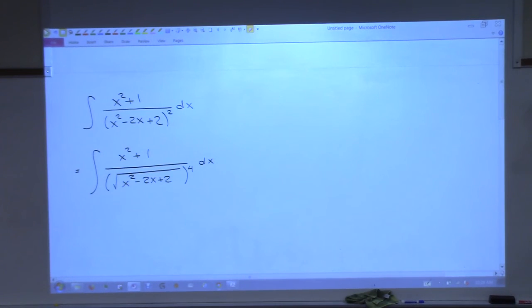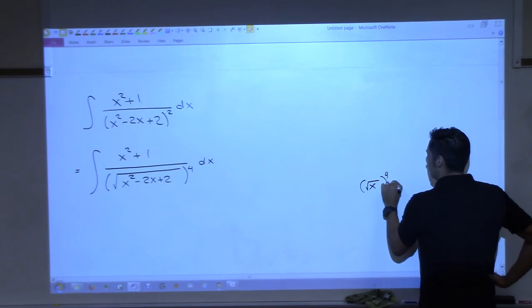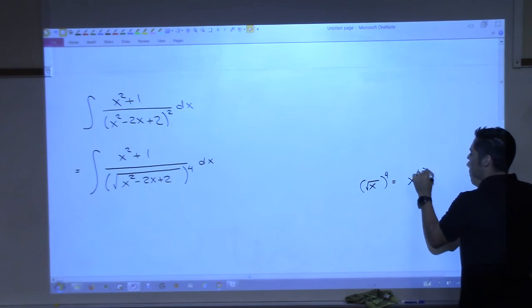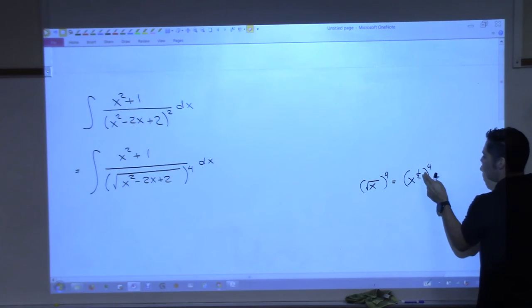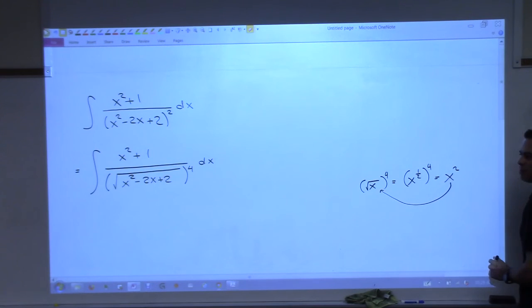That's why I'm showing it to you, because you wouldn't have thought of that. I have to show this to you so that you start thinking like that. Root x to the 4th power is the same as x to the 1/2 to the 4th, and you multiply 1/2 times 4, that's x squared.